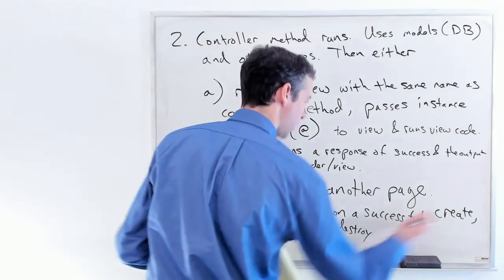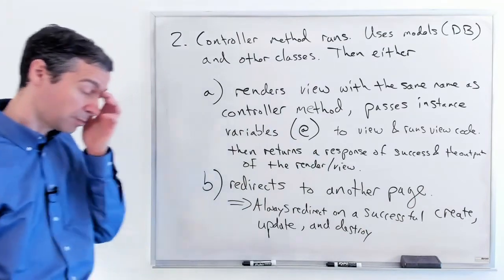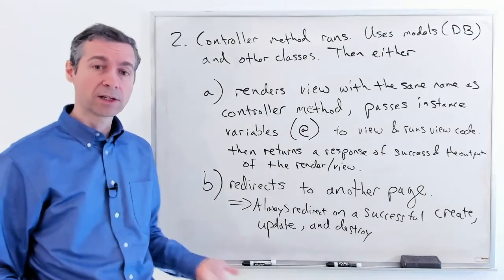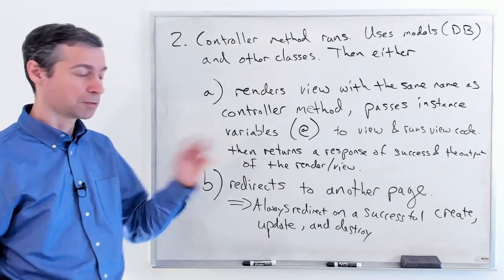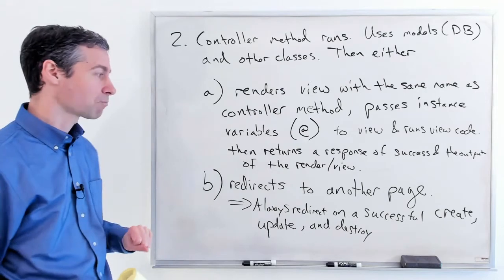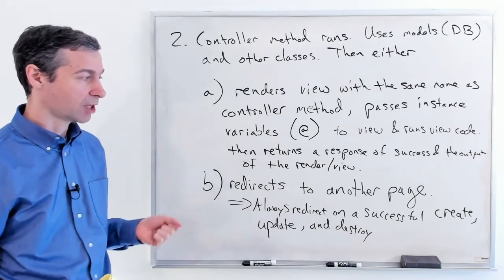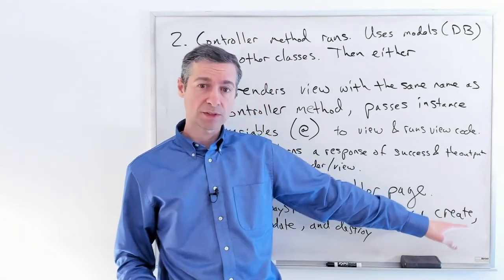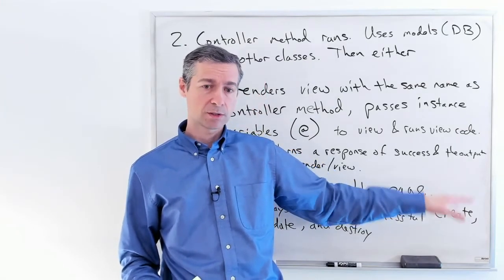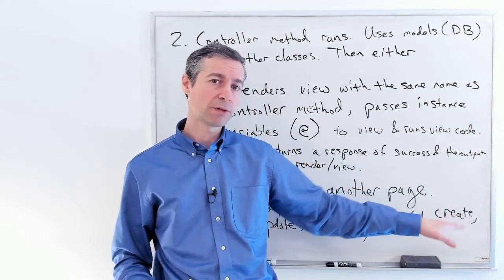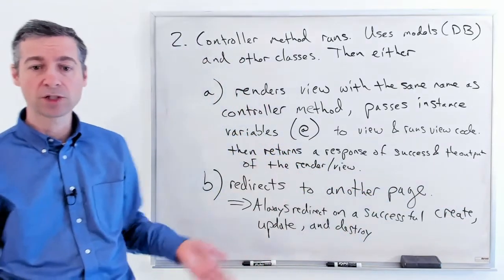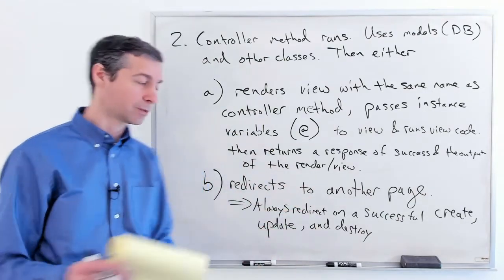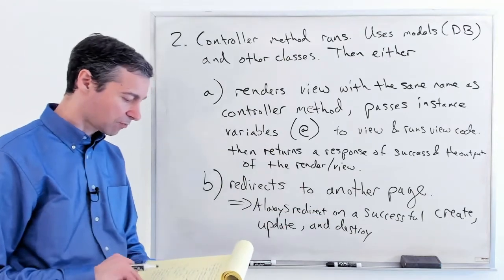If we're creating new data in the database, updating existing data, or destroying data, and we succeed at that, we always do a redirect to another page. For example, when we create a new user and that user is successfully created in the database, the standard behavior is to redirect to that user's page and display that user's data, and basically prove to the world that, hey, we made it and we created that user for you.